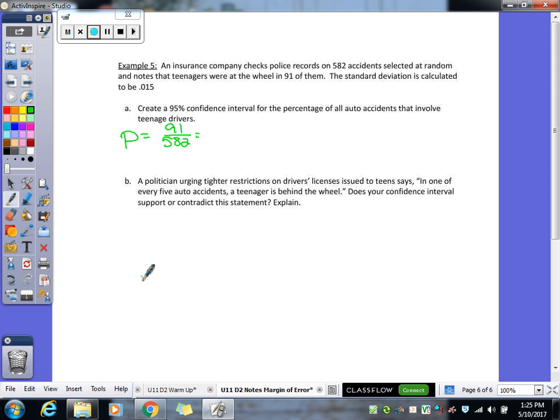0.16. So then after we get our 0.16, what do we need next? Margin of error. I heard somebody whisper it. I don't know why you guys aren't chatty today. Yes. So 2 times 0.015 gives us a margin of error of 0.03.